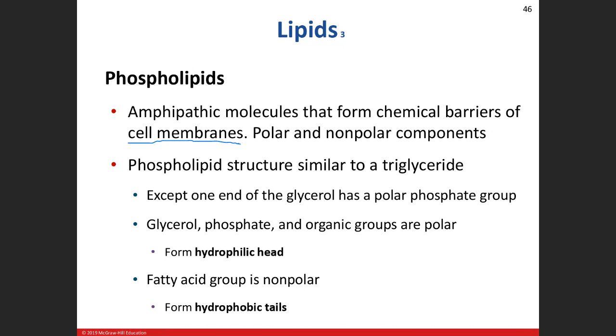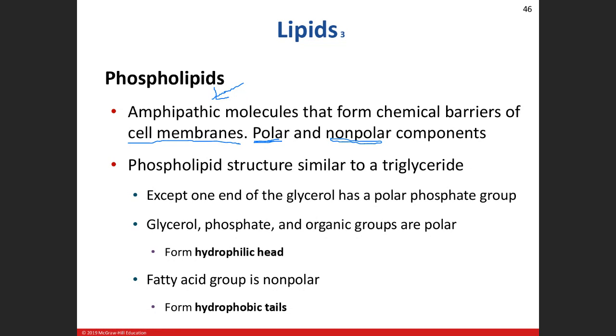And a phospholipid is going to be a molecule that exhibits both polar attributes and non-polar attributes. So we refer to those types of molecules as amphipathic. So they have both polar and non-polar components to them.